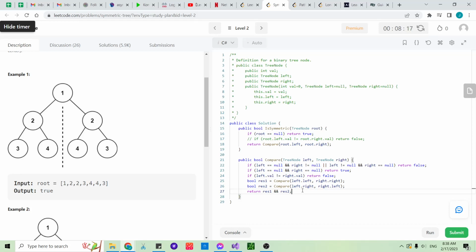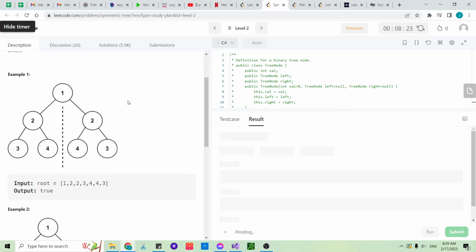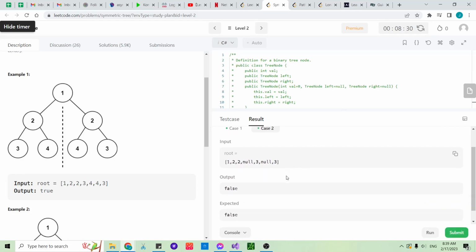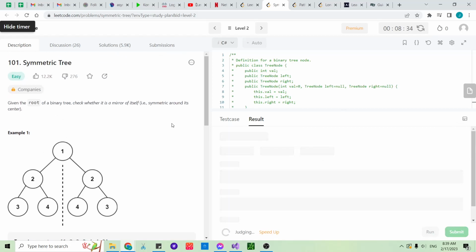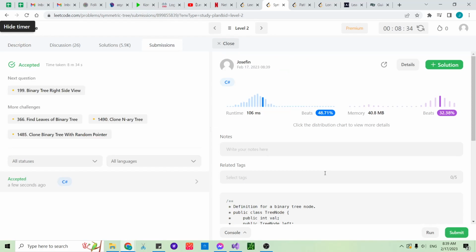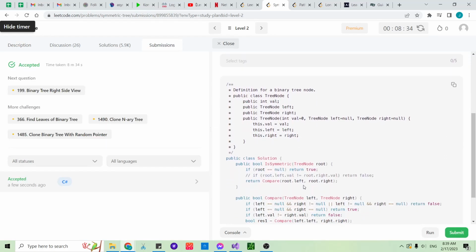Okay. Let's see if this works. Okay, so that worked.